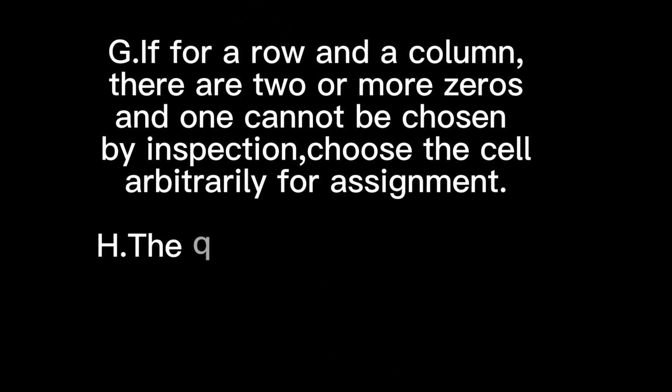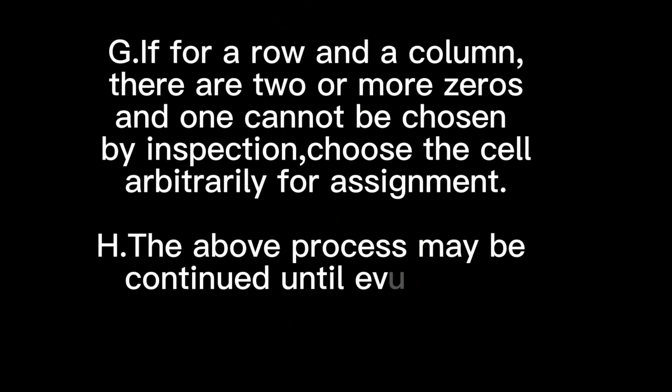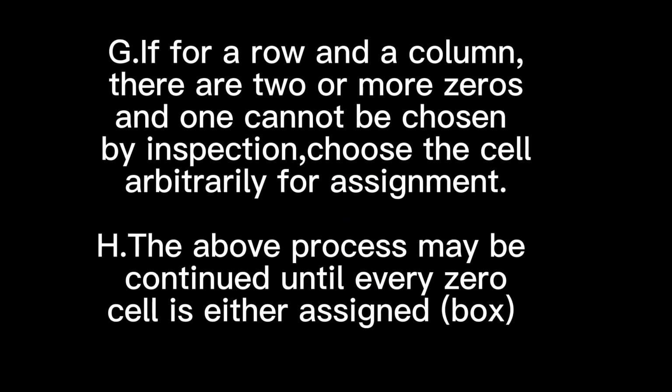If for a row and a column there are two or more zeros and one cannot be chosen by inspection, choose the cell arbitrarily for assignment. The above process may be continued until every zero cell is either assigned (boxed) or crossed.